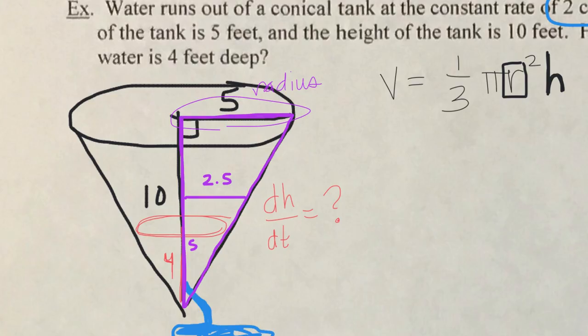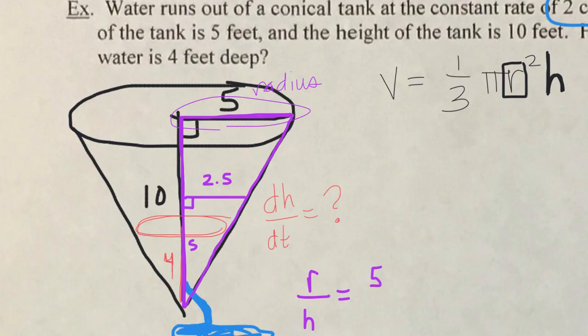Because it has to change in proportion. As the height gets smaller, the radius has to get smaller. And it changes at a proportion because we have a nice right triangle in there. So we can create this proportion of radius compared to height. Okay? So radius over h. Anytime we have a cone problem, this is what we're going to want to do. And they don't tell you to do this. You have to know this on your own.